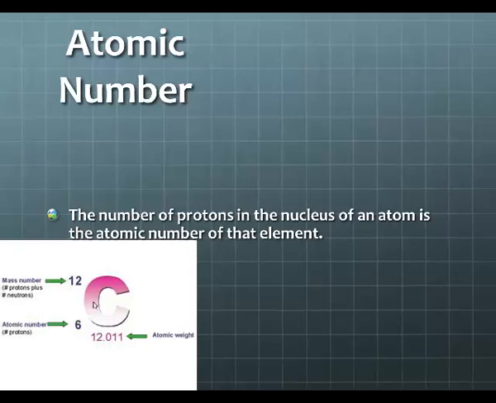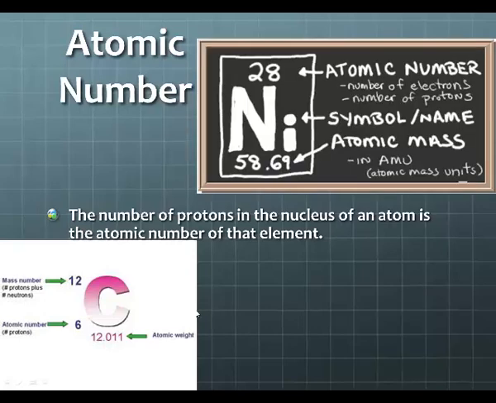The mass number of 12 tells us the number of protons plus the number of neutrons. Another representation here, the atomic number here of 28. It is the number of electrons and the number of protons.